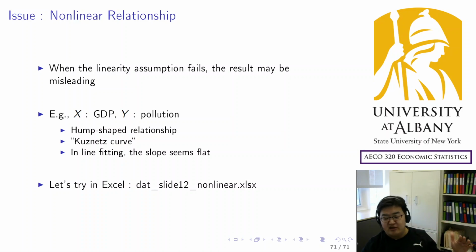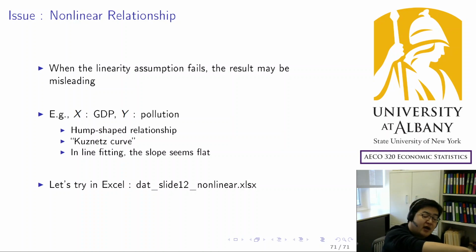First, when developing countries develop, they cannot take care of the pollution. They cannot take care of the environment. So when an economy grows, pollution grows together. But at a certain point, they start to take care of the environment. Since then, the pollution goes down as the economy grows even further, right? So they have a hump-shaped, inverse U-shaped relationship, which is called the Kuznets curve.